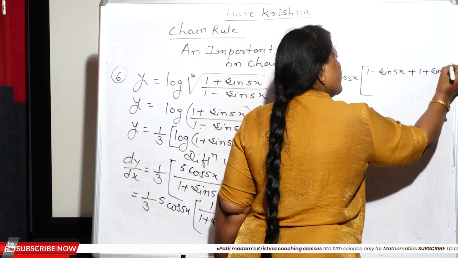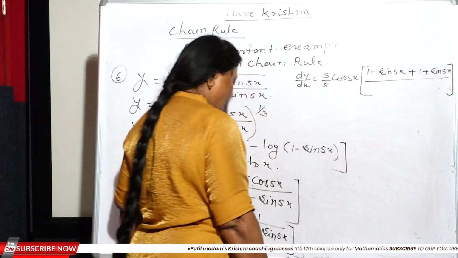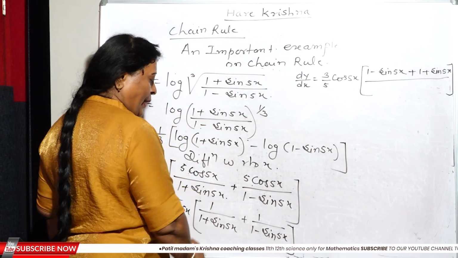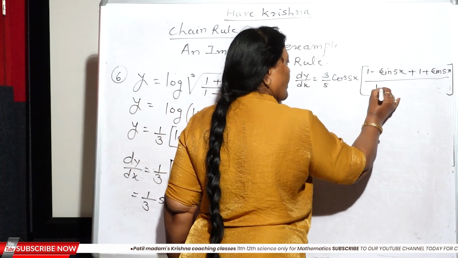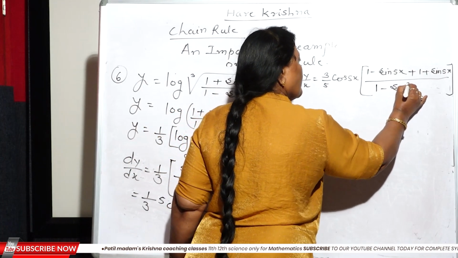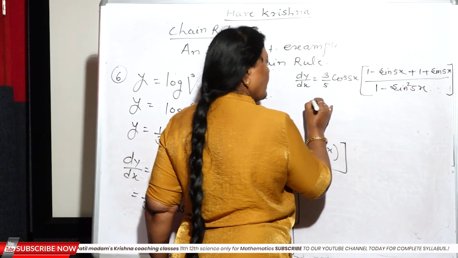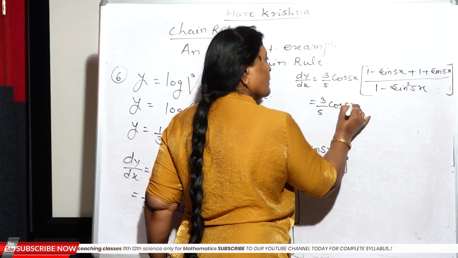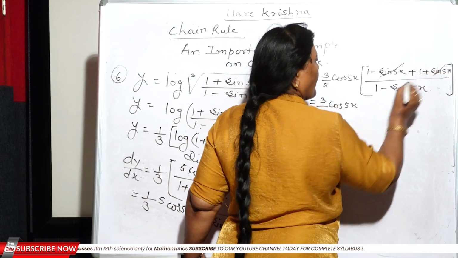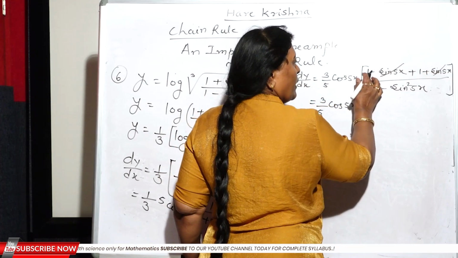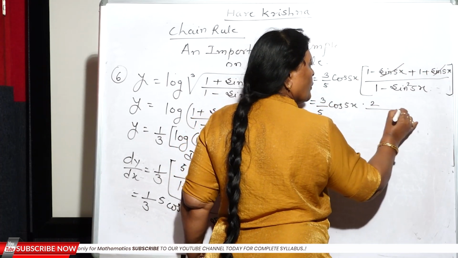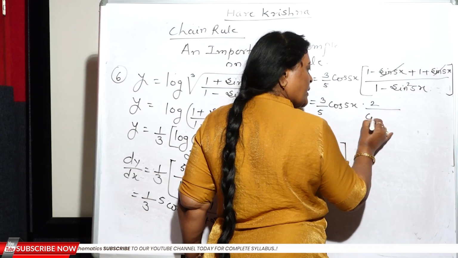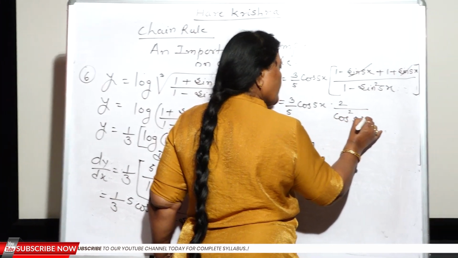In the denominator it is just like a minus b, a plus b, means the square of the first term minus the square of the second term, means 1 minus sin square 5x, right? Here 3 by 5 cos 5x, sin 5x gets cancelled. Here again 1 plus 1, 2, 1 minus sin square 5x is nothing but cos square 5x, right?